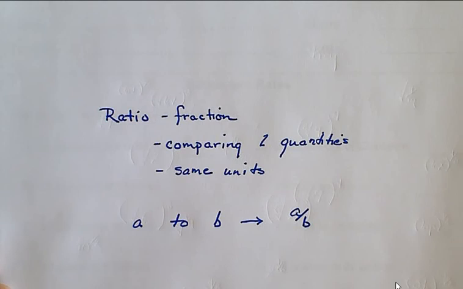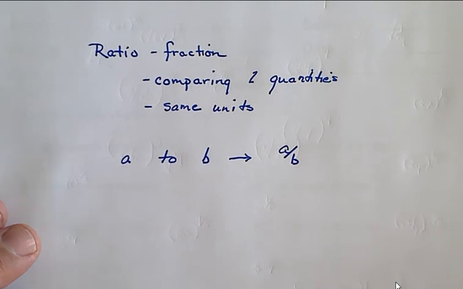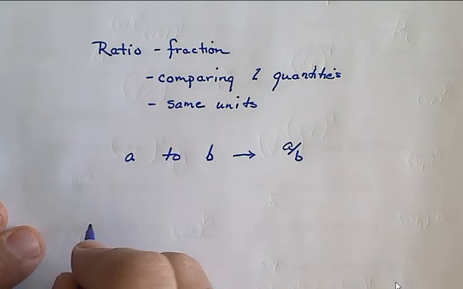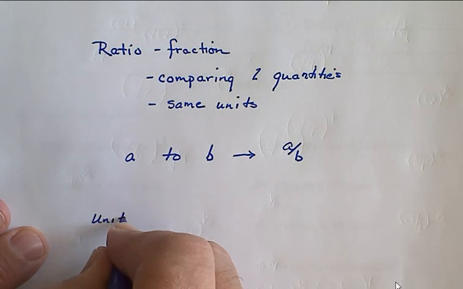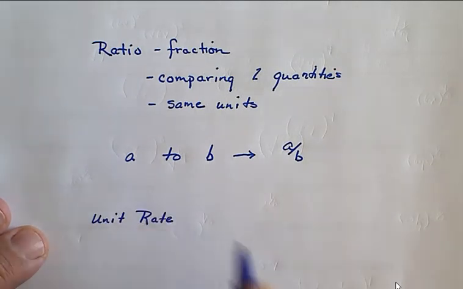Okay. Now, the second part, the bottom part of this page, talks about unit rates. Now, with a ratio, you cannot have decimals in either part of the fraction. Okay, so we want to have those to be whole numbers. Okay, with a unit rate, however, what we're literally going to do is divide.